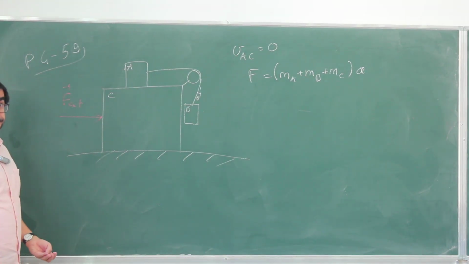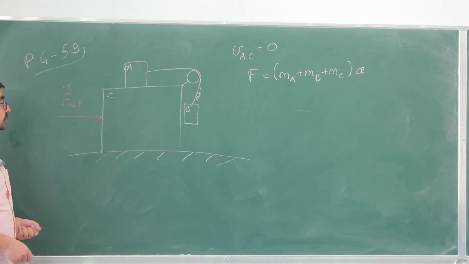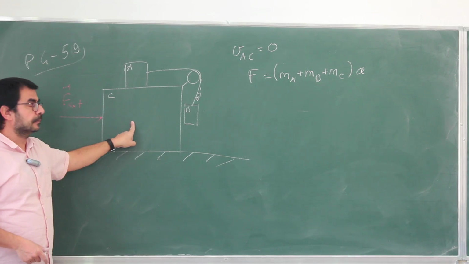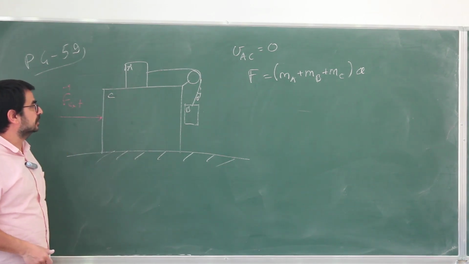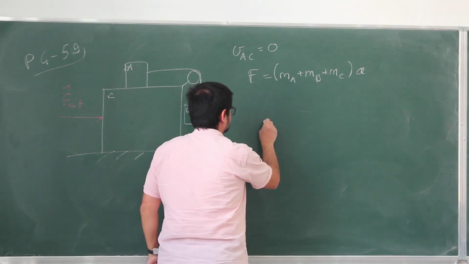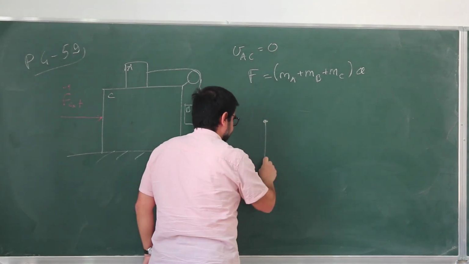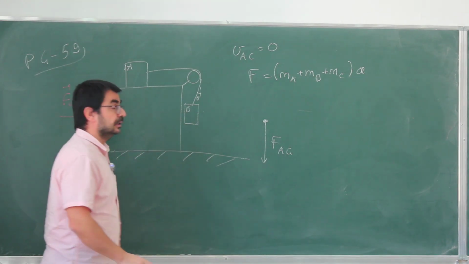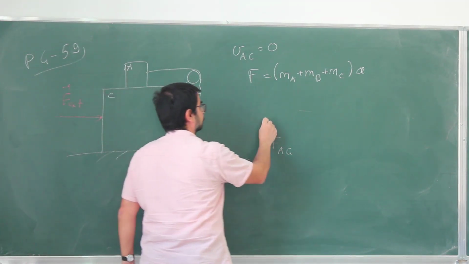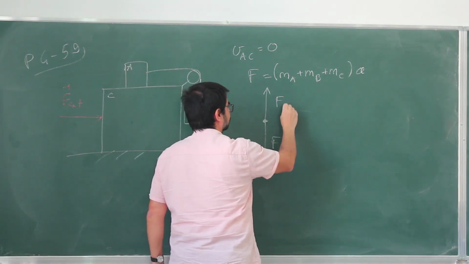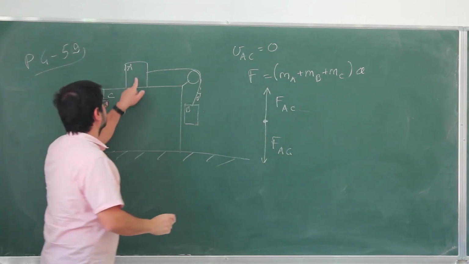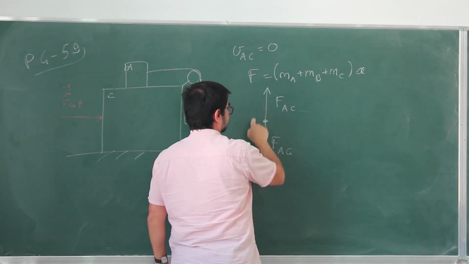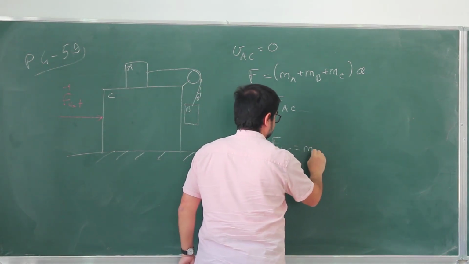Now, how do we write this? To do that, we have to draw some free body diagrams. These two are easy. This is a little bit tricky. I'm going to start with this one. So this is mass A. There is gravity acting on it. It's always there. There is a normal force acting on it. This also happens to be the force on block A arising from C. And these are equal to each other.